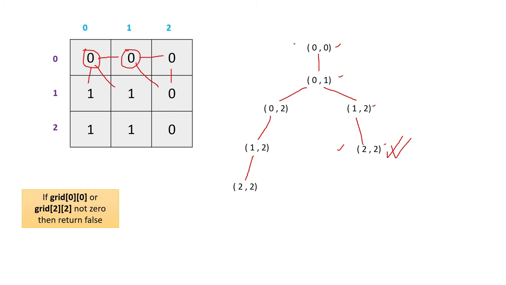Now if you see this diagram, what is coming to your mind? Like what kind of traversal am I doing here? So first from 0, 0, we are going to 0, 1, because that is the only path. From 0, 1 we can go to either 0, 2 or 1, 2. Then we are starting with 0, 2 and completing all its child paths, you can say, that is 1, 2, or if anyone else is present, that also we can put here.